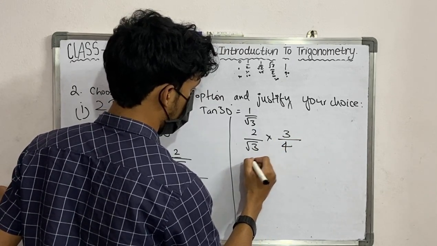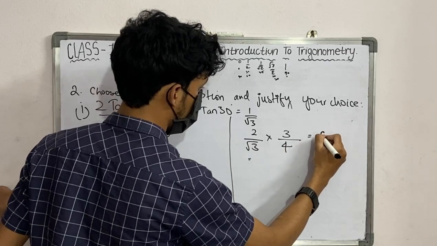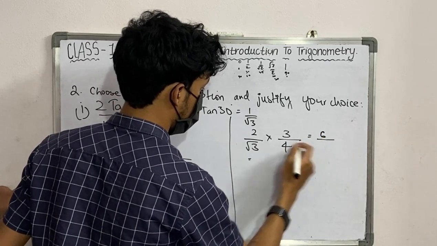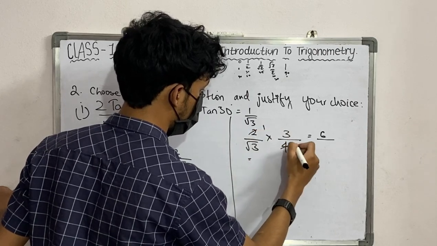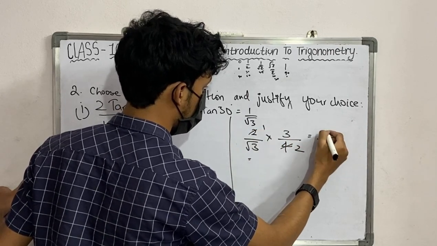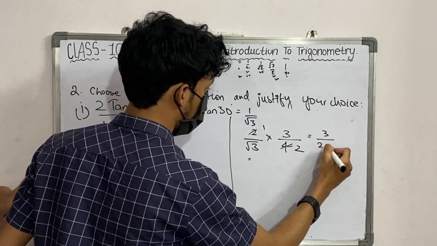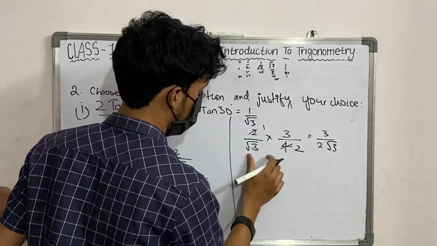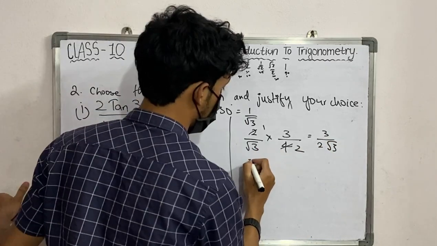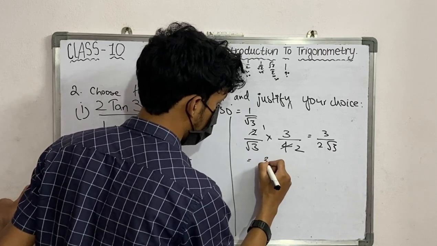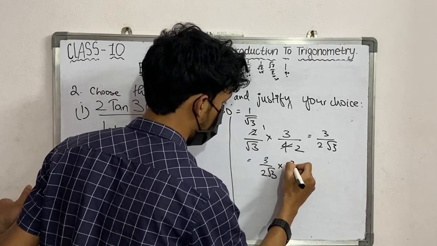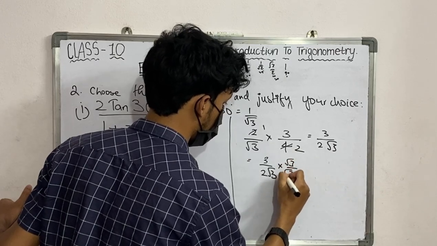Now I'll cancel: 2 ones are 2, 2 twos are 4, so I get 3 by 2 root 3. Now I'll do rationalizing, multiplying by root 3 into root 3.